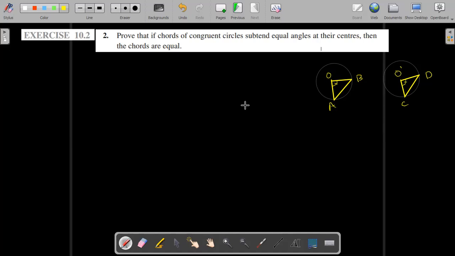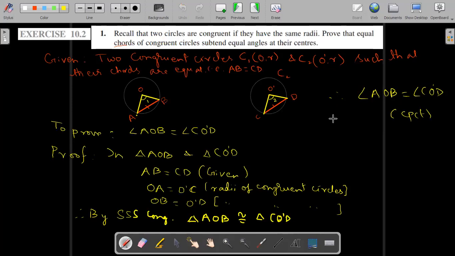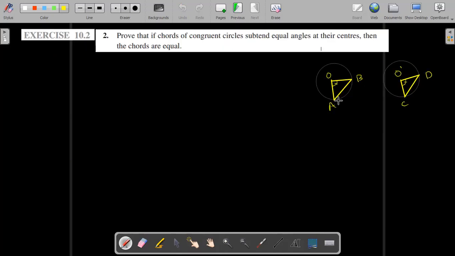We have to show that the chords are equal. In the previous one, chords were given equal and we proved the angles are equal. Now angles are given equal and we have to show chords are equal. So obviously, side angle side: OA will be equal to CO dash, this angle is equal to this angle, and this side will be equal to this side. So by side angle side they are congruent. Once they are congruent, then by CPCT AB will be equal to CD.